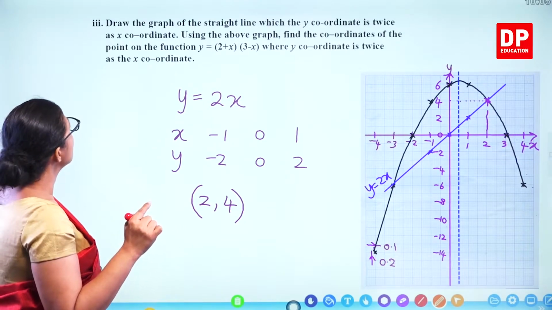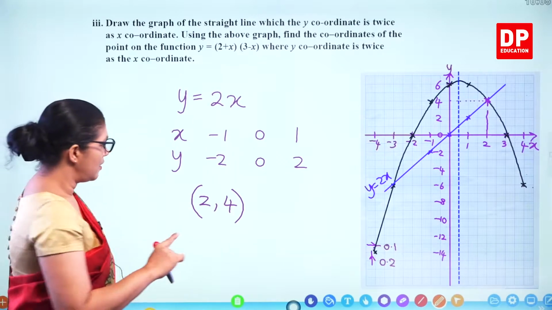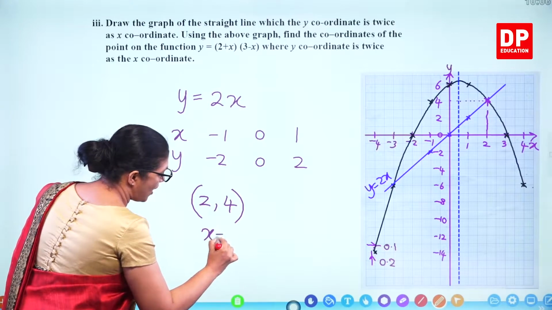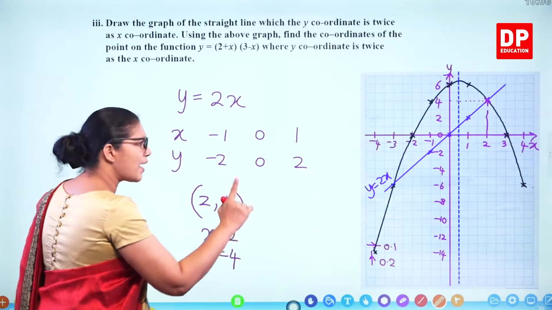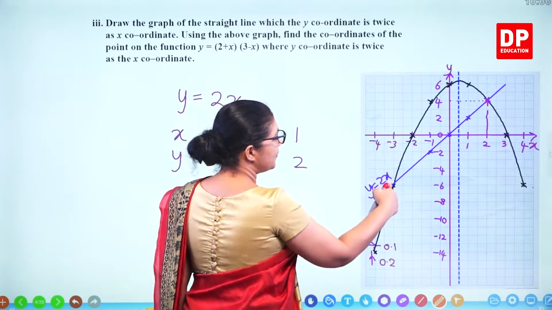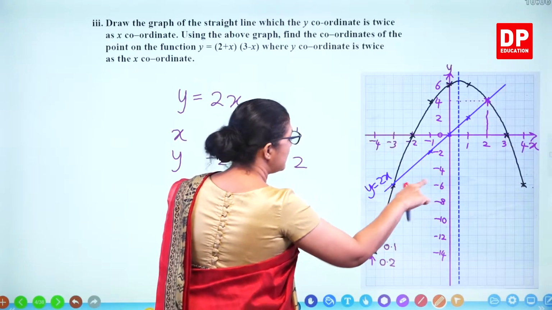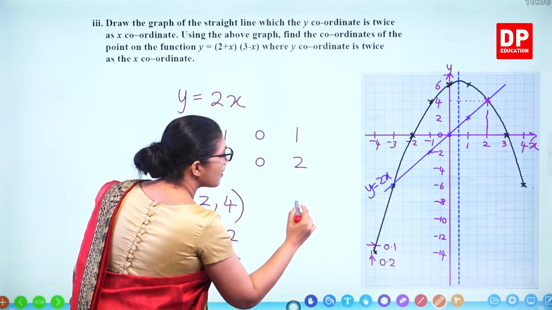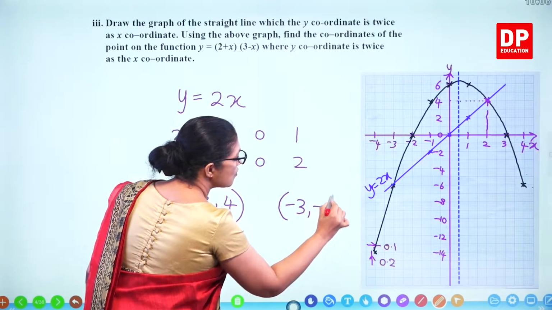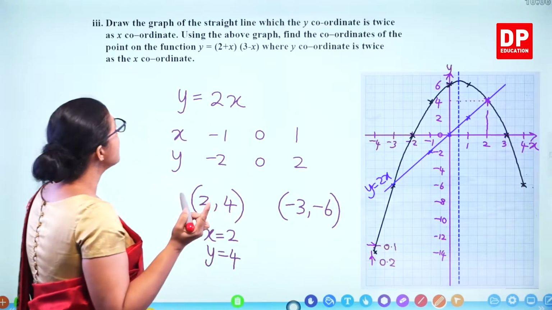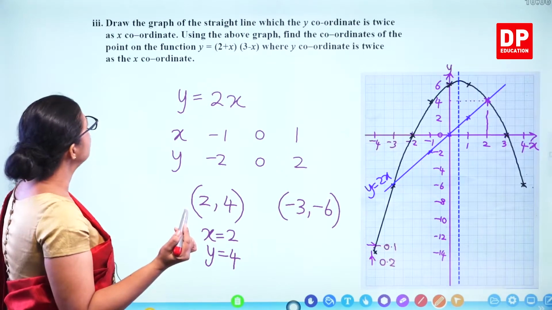So you are asked to write down the coordinates of that point. In other words, you can write when x equals 2, y equals 4. You can write this as well: if x equals minus 3, y equals minus 6. Minus 3, minus 6 you can also write, because they have not mentioned to write down the positive value.